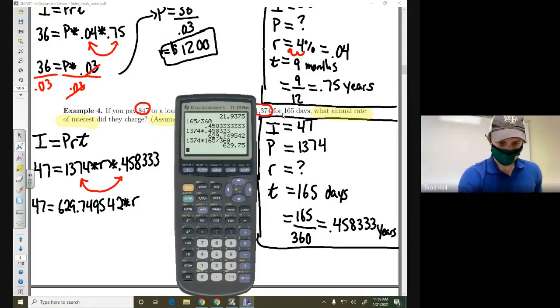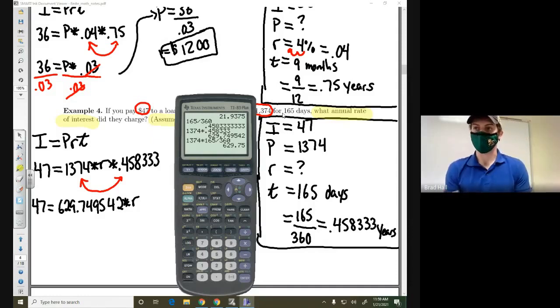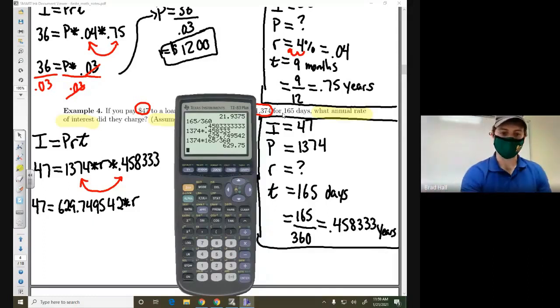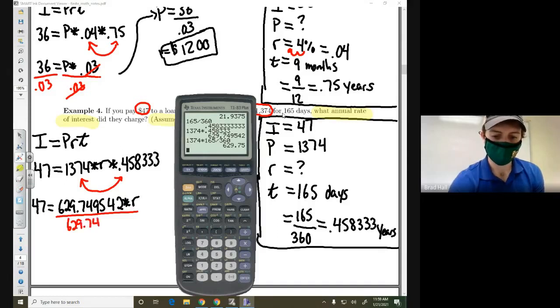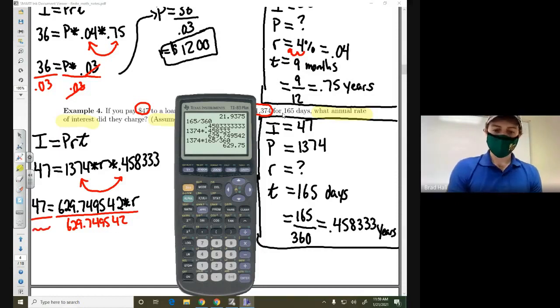So from here, now we clean this up considerably, and it's R that we need to get by itself. So how do we get R by itself? We divide. It's just like the previous problem. We cleaned it up, and then we divide it. We're going to divide both sides by 629.749542, and I'm not going to write that number again. It goes right there as well.